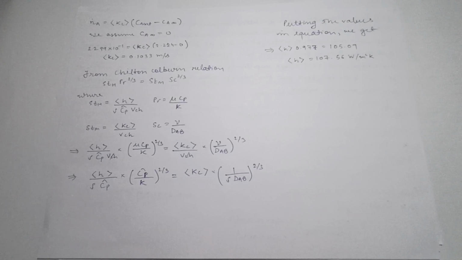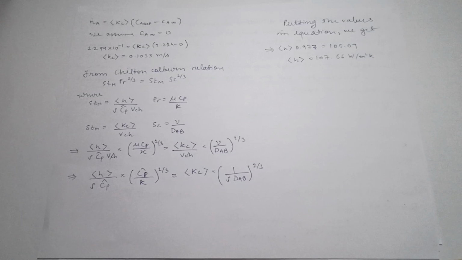The Prandtl number is mu viscosity into heat capacity upon thermal conductivity. The Stanton number of mass transfer is given as average mass transfer coefficient upon characteristic velocity. The Schmidt number is given as kinematic viscosity upon diffusion coefficient.